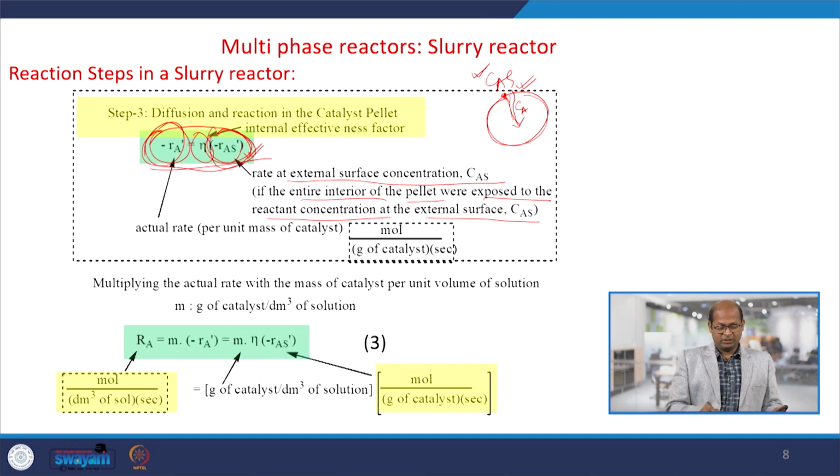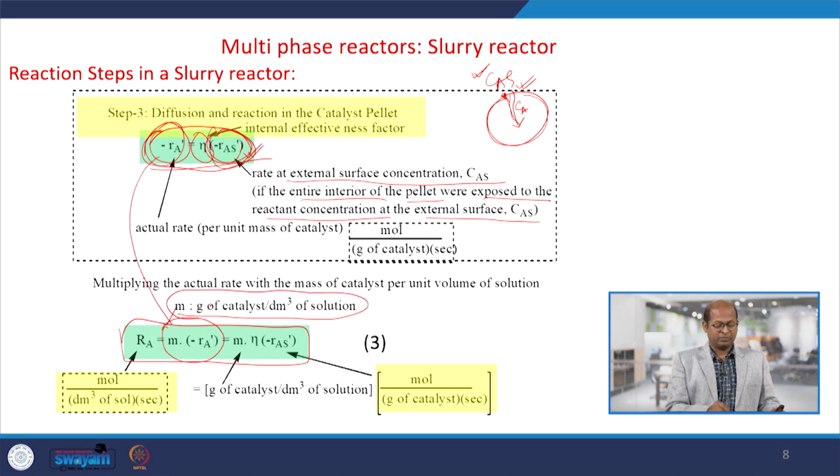Now the rate R A is in moles per dm cubed of solution per unit time. If we multiply the actual rate by the mass of the catalyst, M, which is grams of catalyst per dm cubed of solution. Say we have 1 liter of solution and use 1 gram of catalyst, then we have to write the concentration or mass of the catalyst used for that particular reaction. The rate minus R A prime is in moles per gram of catalyst per unit second, and here we are converting it to a per dm cubed of solution, per unit volume basis.